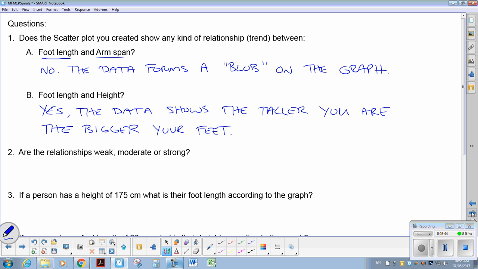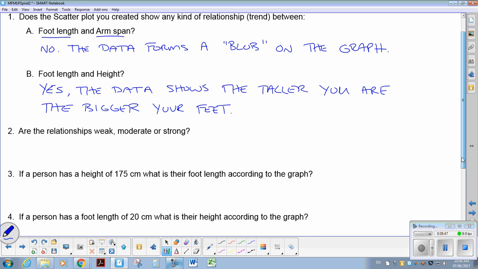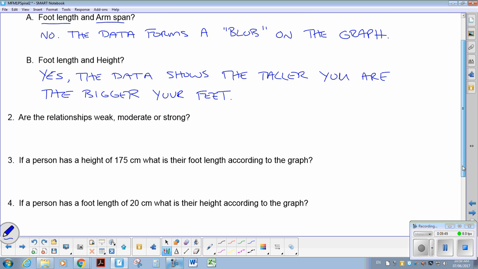All right. So are the relationships weak, moderate, or strong? So for part A, the foot length versus arm span, I would say no relationship. So I guess in this case it would be very weak if I have to answer that question.